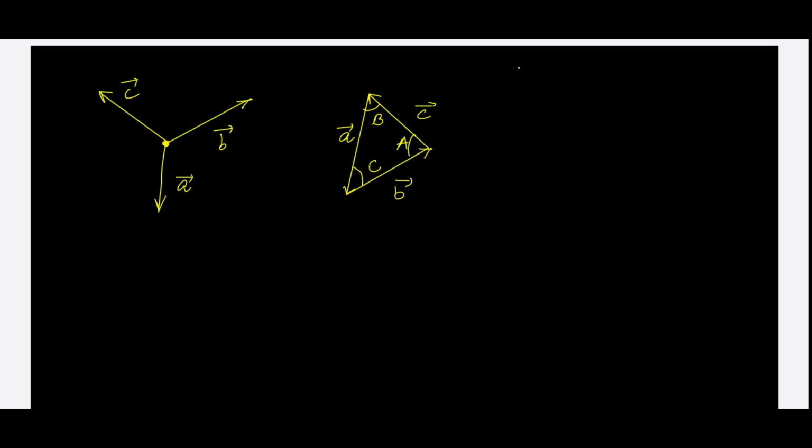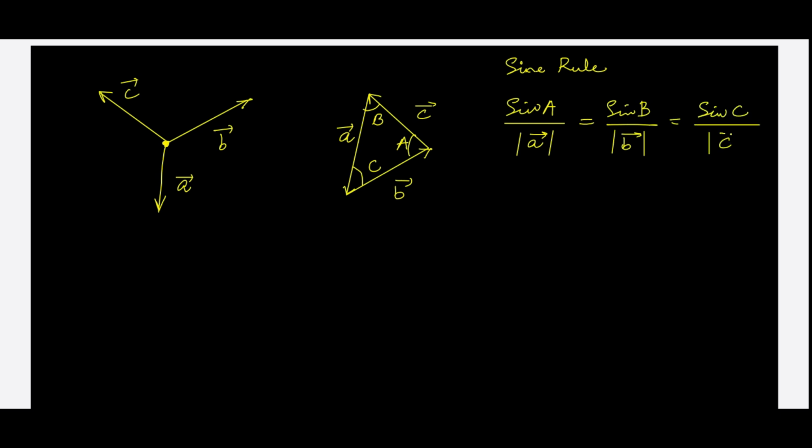So these are angles A, B and C. Now if you apply the sine rule, sine of A by magnitude of vector A equals sine of angle B by magnitude of vector B equals sine of angle C by magnitude of vector C. Now sine of A is the same as sine of 180 degrees minus A, right?